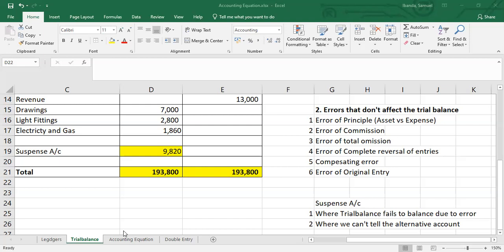Errors is one of those questions that you can get full marks if you understand how everything is really done.